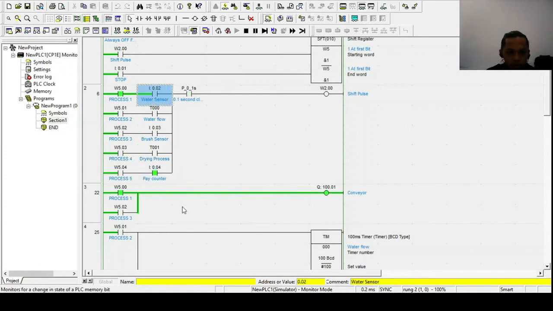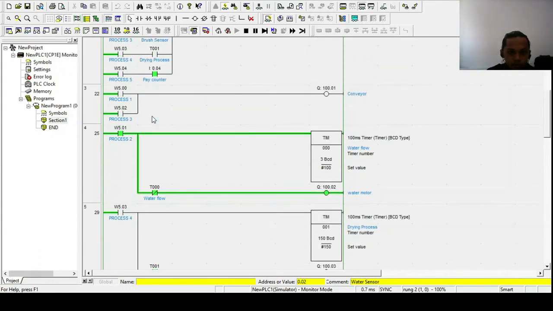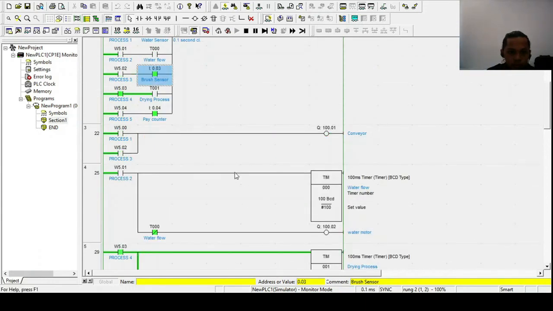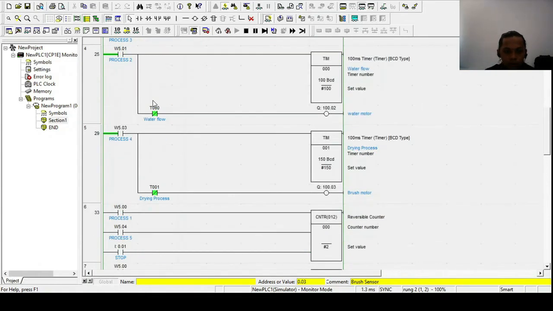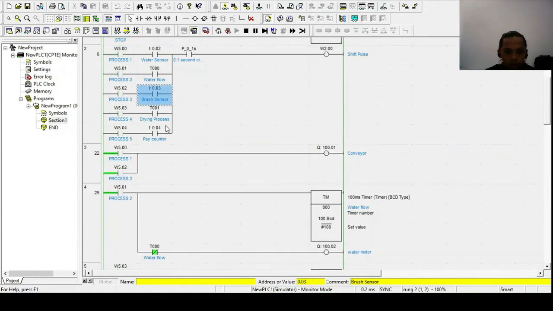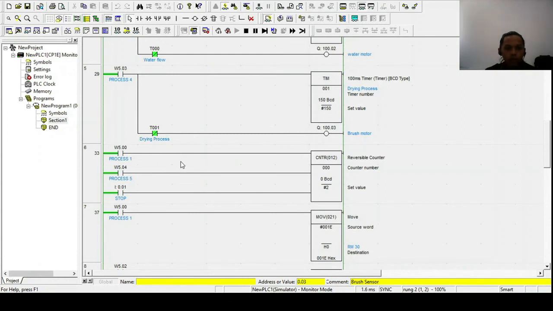So we need to do it one by one. Okay, now it tells the car is going out when process 5 is working.